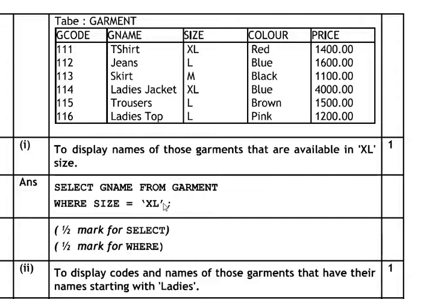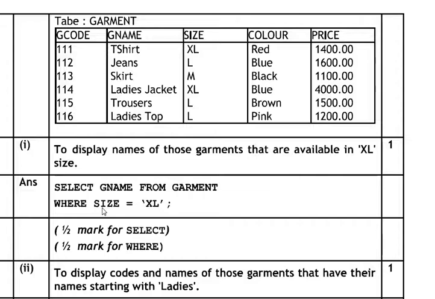Both are correct. Now here you can see half marks for the select. For the first line you get half marks, and for the where clause, where you have specified the condition correctly, you get another half marks. So this is what is going on inside the examiner's head while checking your answer.